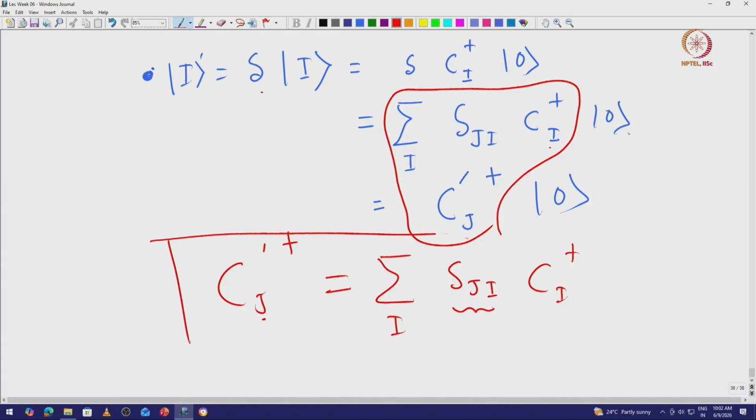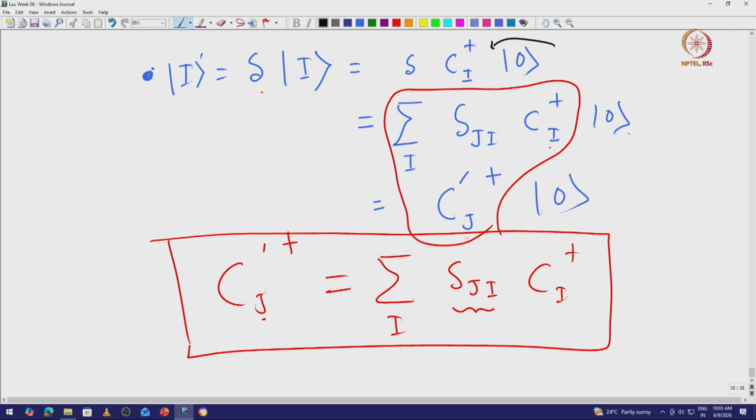So you can see that it essentially operationally acts like this. But now one can say that, well, I can also, and it's kind of a choice, I can also introduce S inverse S equal to identity, and then you will have S inverse S. Okay. So now let's do that here.